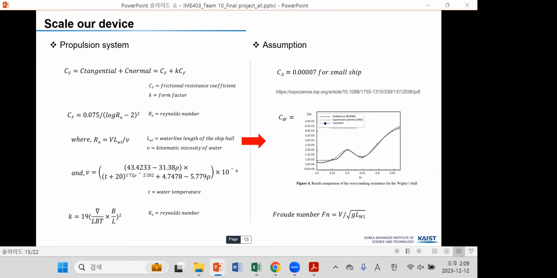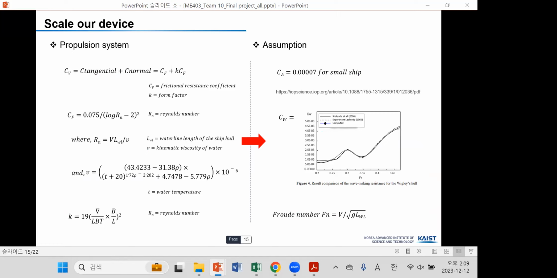For the viscous term, we can calculate it using theoretical equations. However, for the air resistance and the wave making term, we don't have any theoretical equations. So by referencing the literature, we assume the air resistance term as 0.407 because we're going to use a small ship.